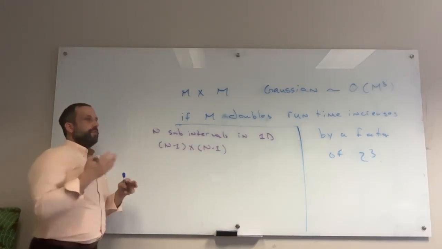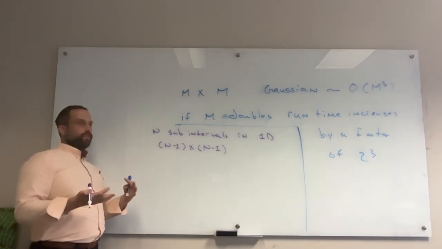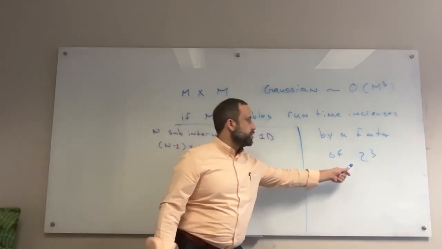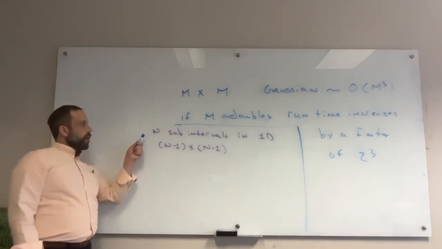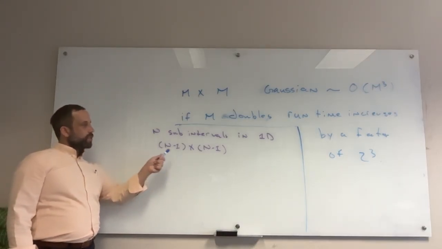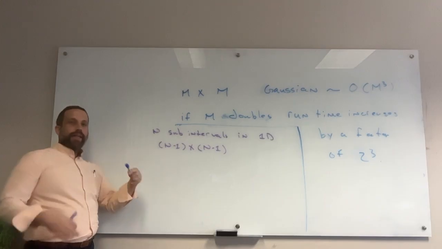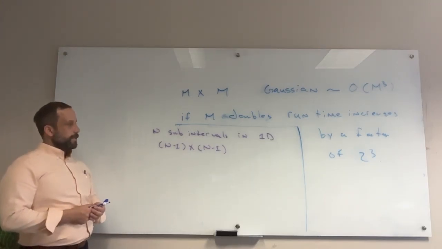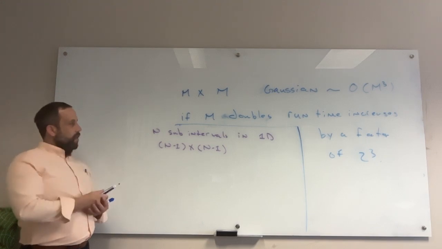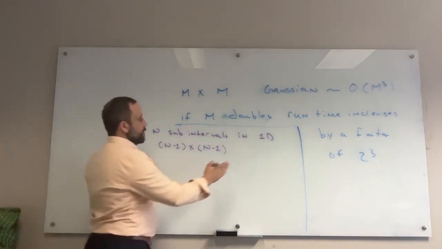And so if we go from n subintervals to 2n subintervals, the runtime is going to increase by approximately a factor of 8, because n minus 1 becomes 2n minus 1. Okay, but notice what happens in 2D.